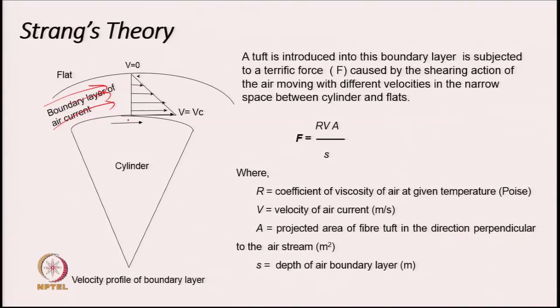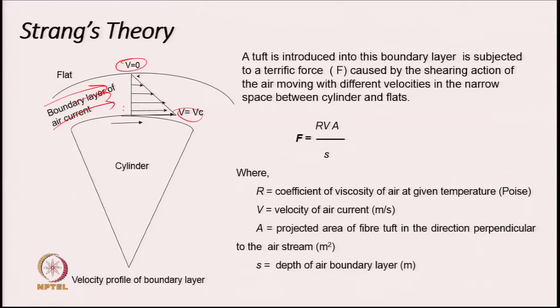The air which is in contact with the cylinder surface will have a velocity equal to the velocity of the cylinder, and the layer of air which is in contact with the flats will have a velocity almost equal to 0.